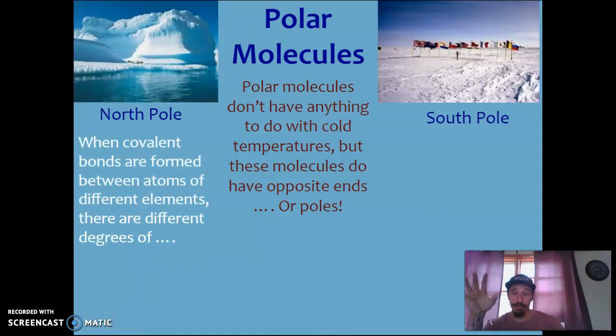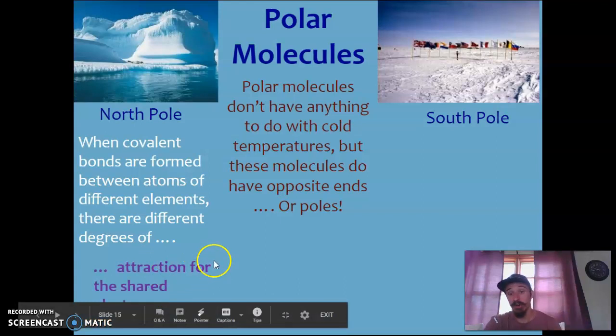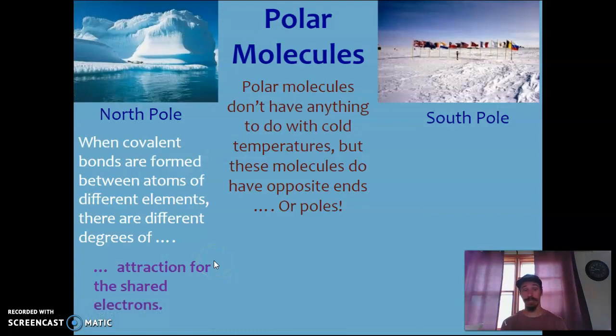When covalent bonds are formed between atoms of different elements like oxygen and hydrogen, like I was saying, there are different degrees of attraction for the electron. So in oxygen and hydrogen's case, oxygen is going to take the electrons a little more than hydrogen is. So it's going to be like 70% of the time around oxygen, 30% of the time around hydrogen.